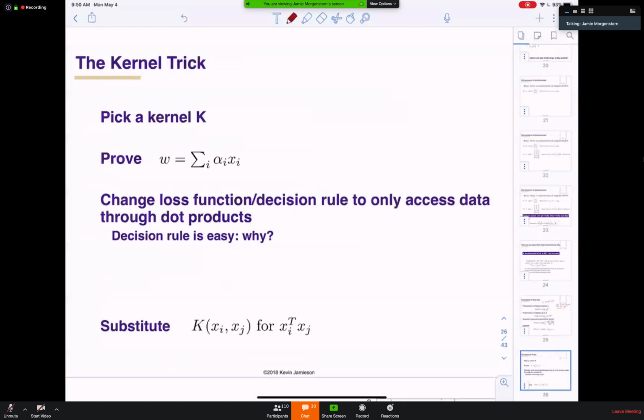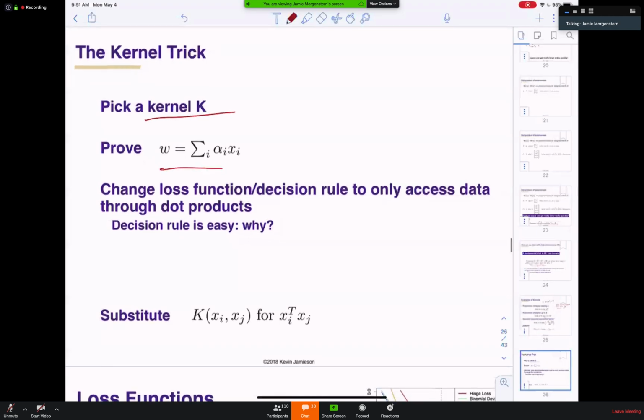Okay, so slightly more formally, and hopefully this will answer the question I had a few slides ago. This is called the kernel trick. I've said use kernels, but that's often called the kernel trick. The way it works in machine learning, this is a template you can take for yourself, is that you first pick a kernel, some function.